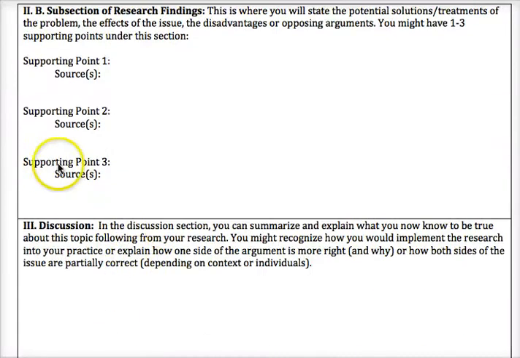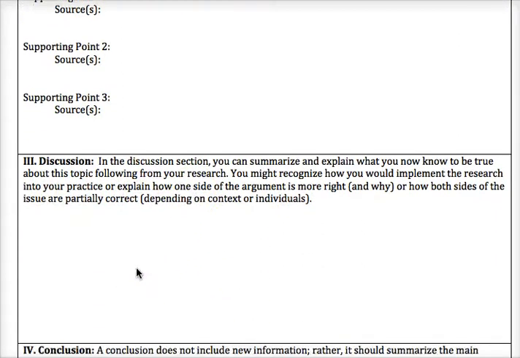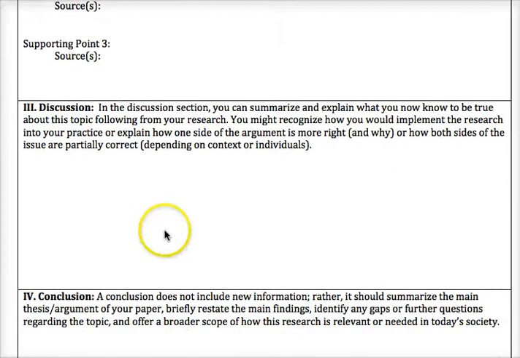So you'll have a research section, you'll have a discussion section where you reflect on the topic from a more knowledgeable perspective and having done the research, and you're synthesizing the information and identifying the most important points that you've come across, having done all that research.